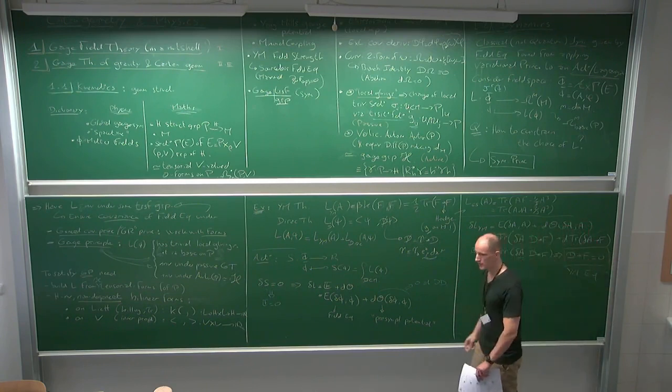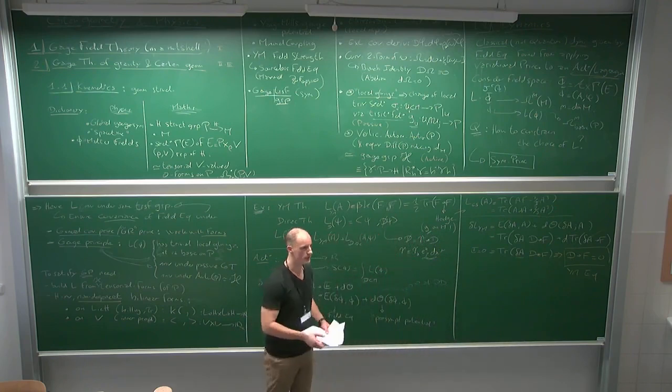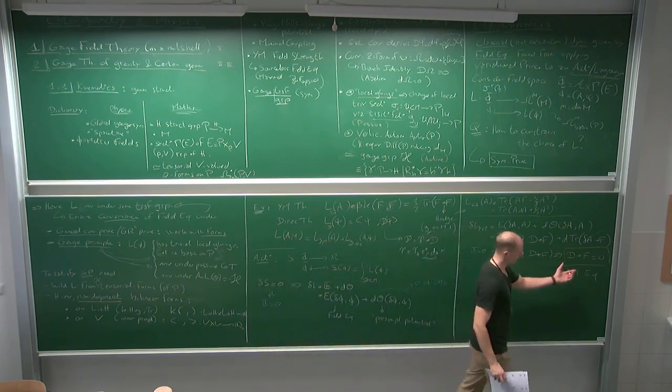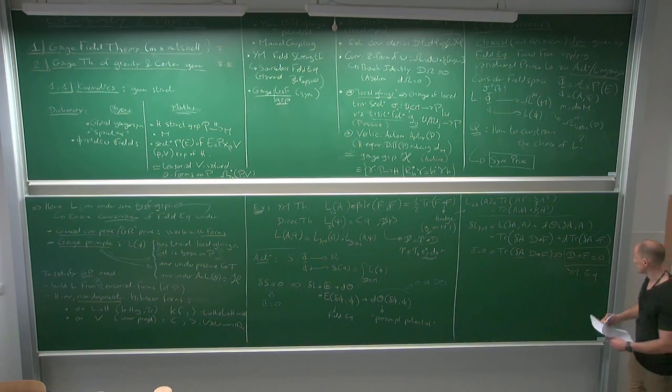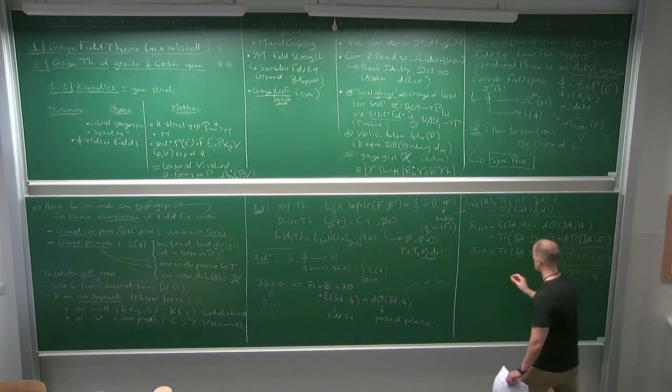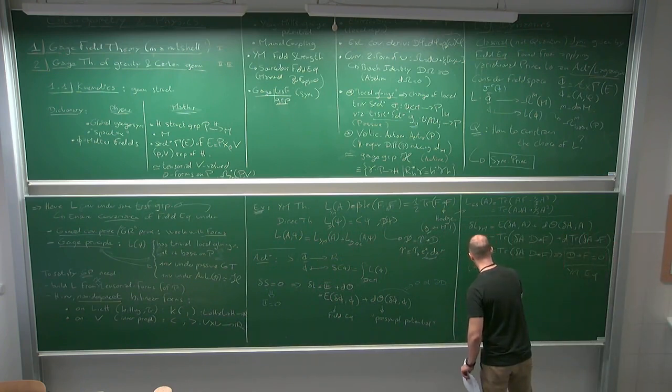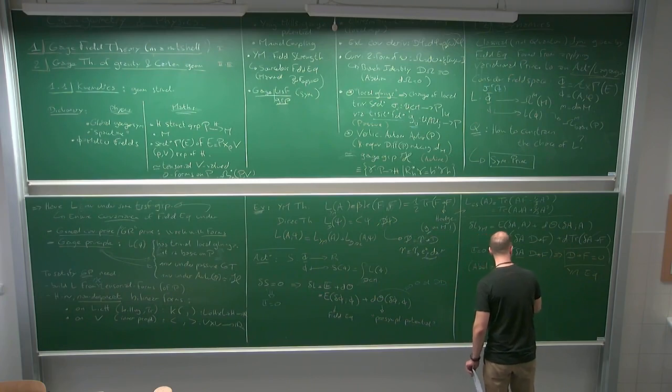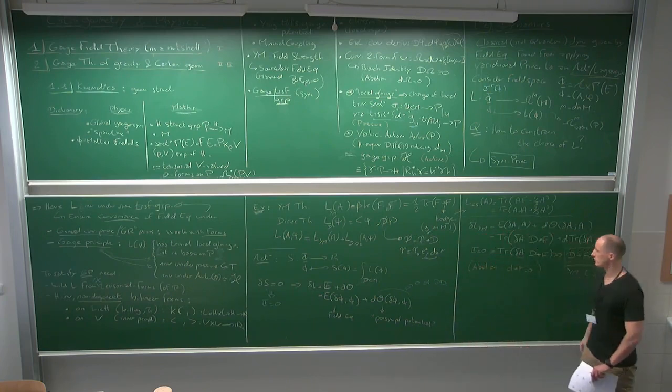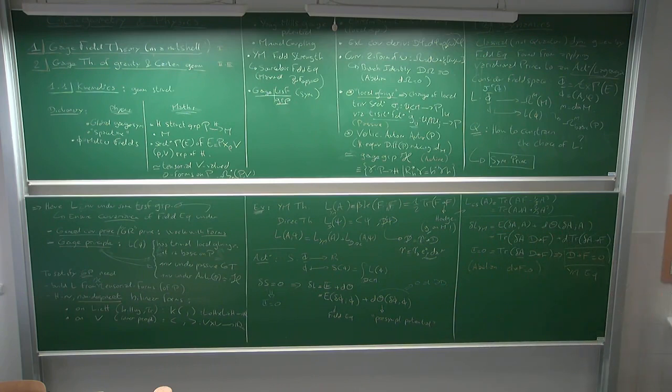This is the sourceless Yang-Mills equation, and this answers Rod's question. In the abelian case, this is just d star F equals 0, which is the second half of Maxwell's equations. But in the general case, we have the non-abelian coupling.